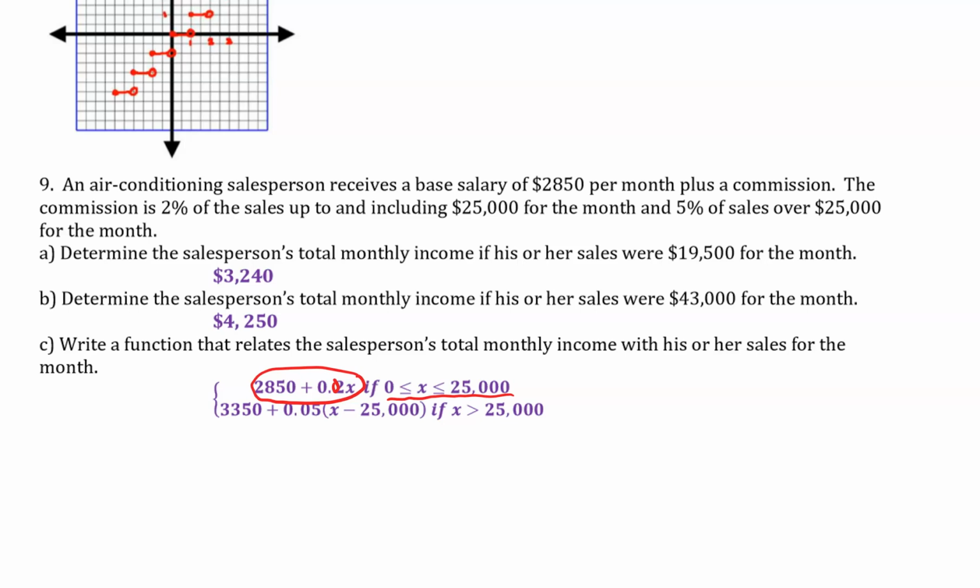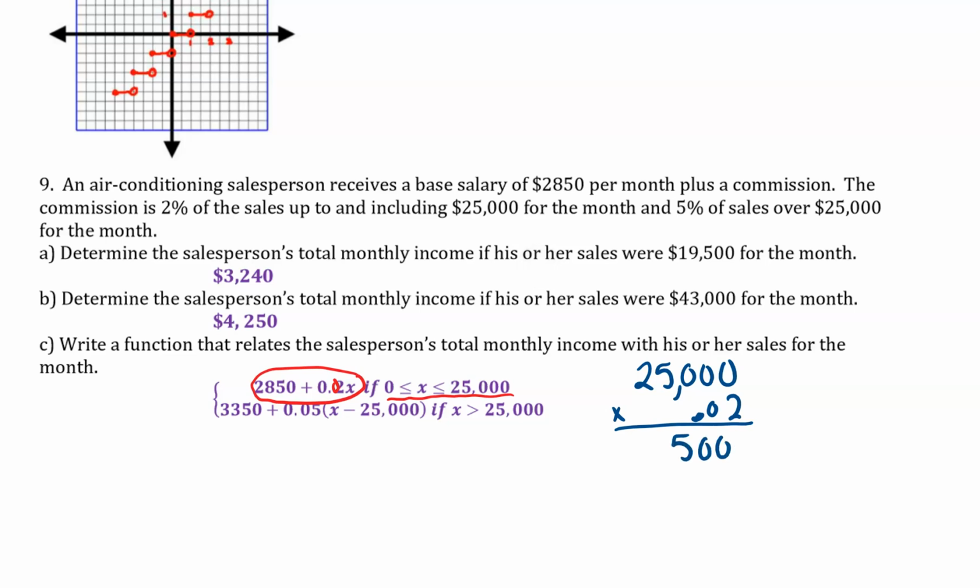Then for anything over 25,000 in sales, the person is going to make the 2% on the first $25,000 of sales. So if we do 25,000 times 0.02, or the 2% commission that they'll make on the first 25, we should get, let's see, let me do the math really quick. 25,000 times 0.02, we get 500.